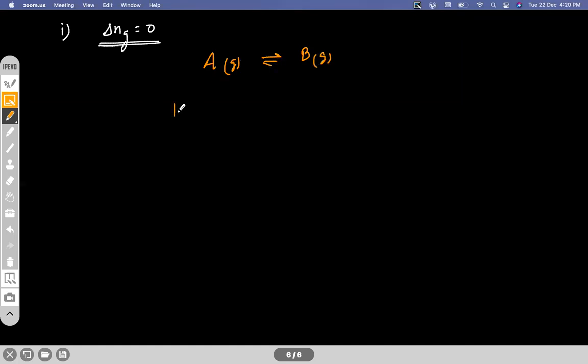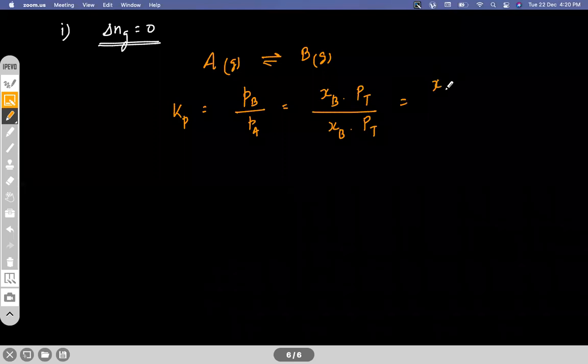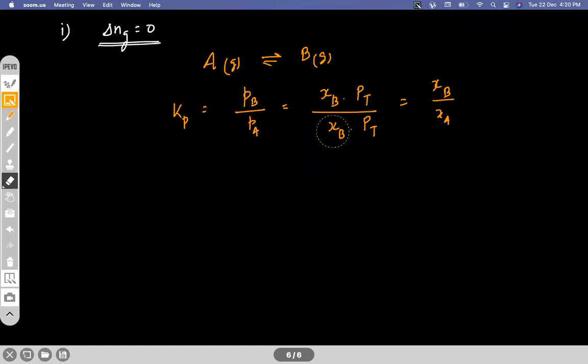So what is Kp for this? Kp equals the partial pressure of B by the partial pressure of A, which is mole fraction of B into total pressure, by mole fraction of A into total pressure. Pt and Pt will get cancelled and we are left with Xb by Xa. So Kp equals Xb by Xa.